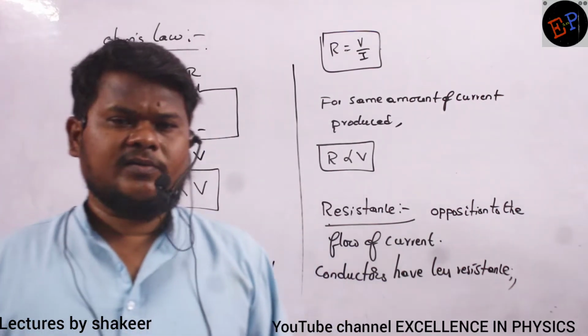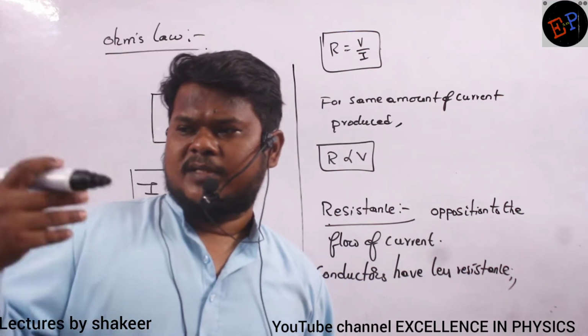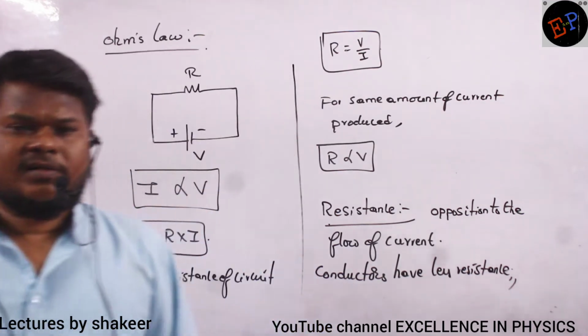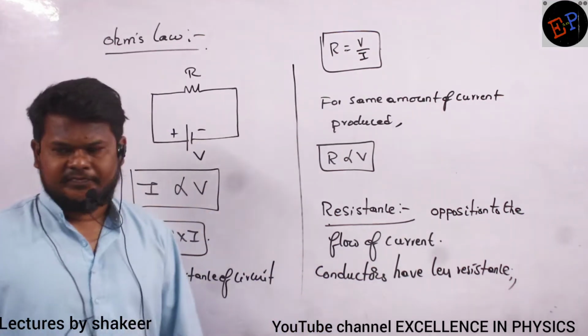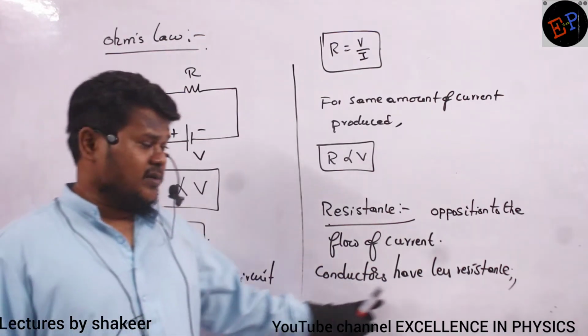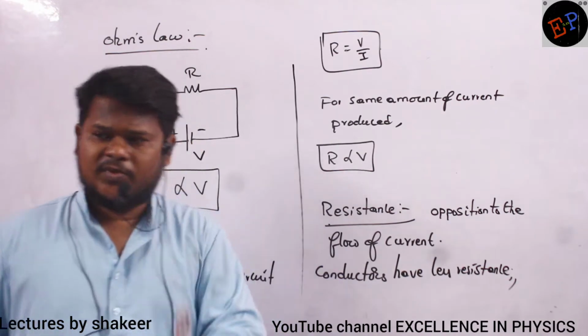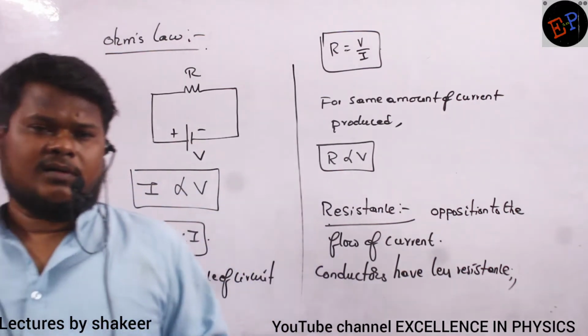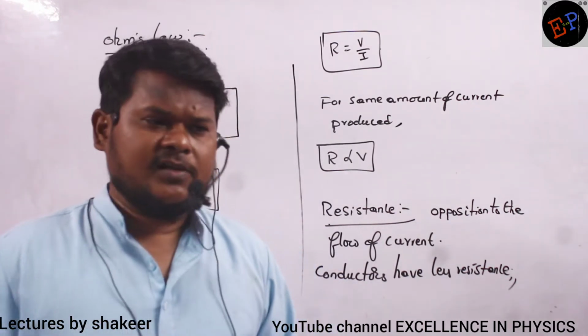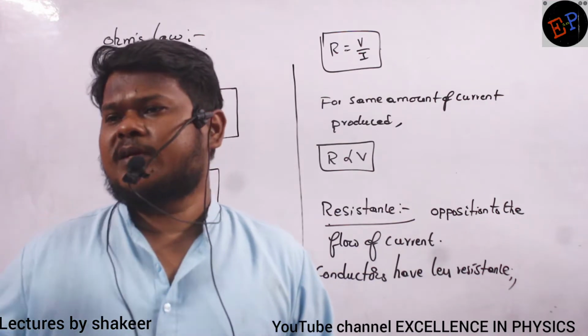Materials we can divide into 3 types: metals, metalloids, non-metals. Non-metals are nothing but insulators. So insulators have high resistance, metals have low resistance. Metals don't oppose the current very highly. They also oppose, but the opposition is very less.